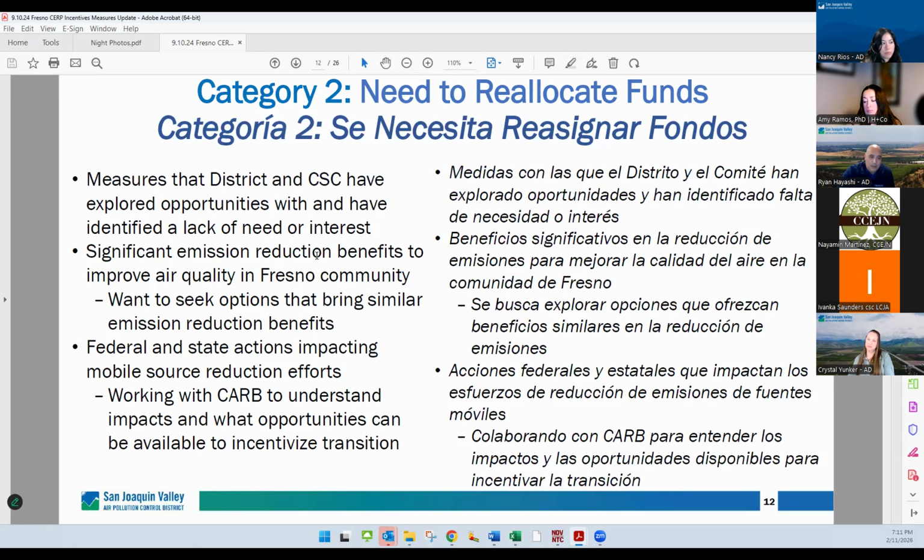And so it just re-emphasizes the importance of finding measures that are going to get emission reductions. We're still working with CARB to fully understand what those impacts are. It's a very complicated situation. I know CARB has been working on this very diligently, very hard to understand what those impacts look like.